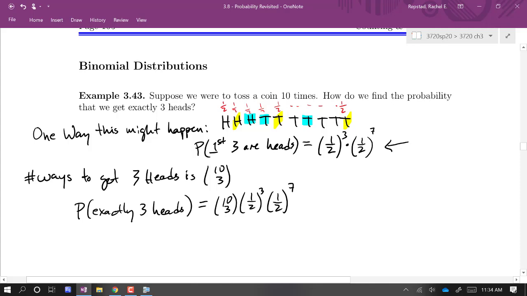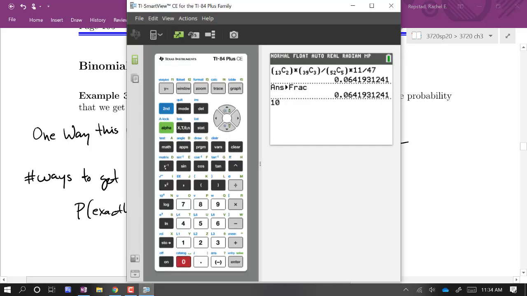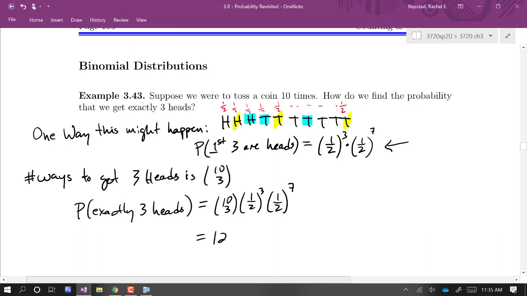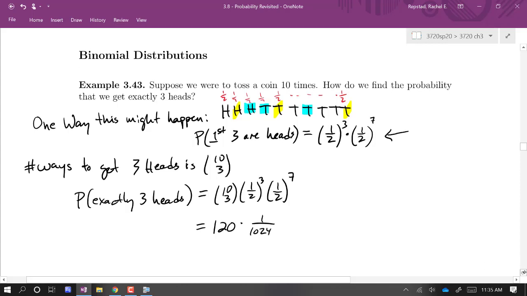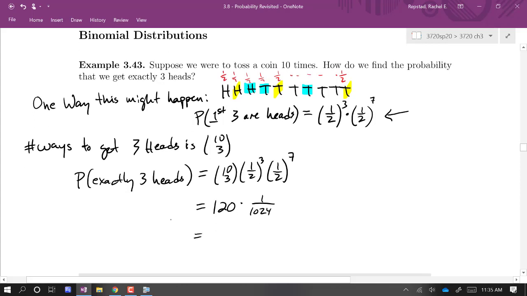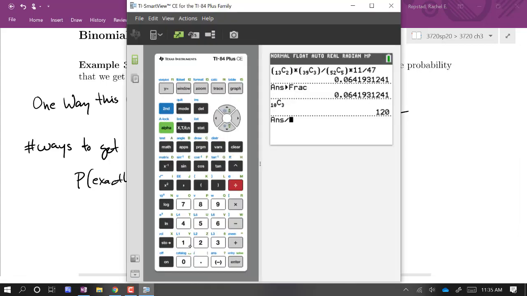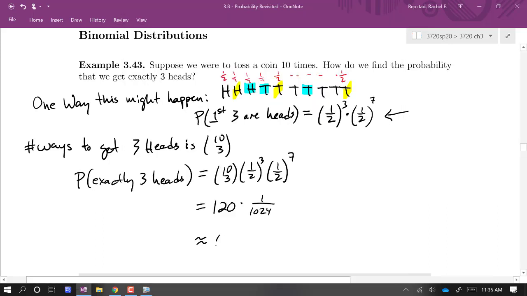Right, each of these has an equal probability of 1/2 cubed times 1/2 to the 7th, so I'm just going to add them all up, which means I'm adding it up 10 choose 3 times. 10 choose 3 is 120. Now 1/2 cubed times 1/2 to the 7th is 1/2 to the 10th, and that's 1 over 1024. So we have 120 over 1024, which we can approximate as .1172.